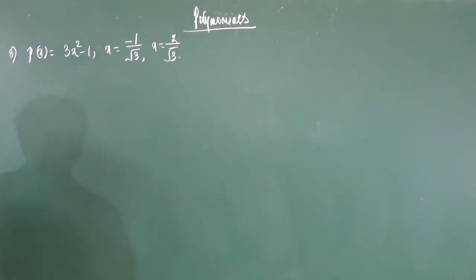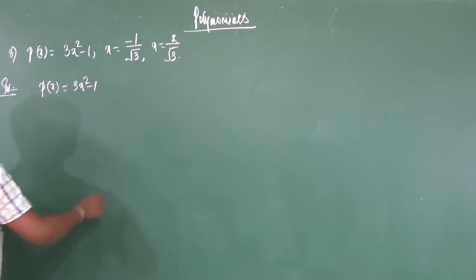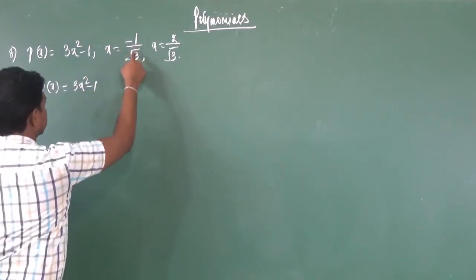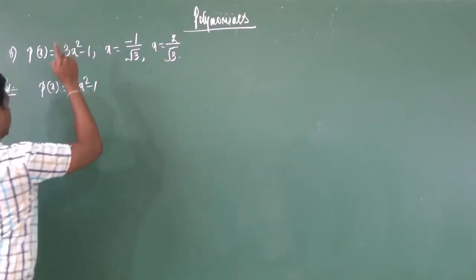So very important, please look into that. So p of x is 3x square minus 1. So you have to check whether minus 1 by root 3 is a 0 of this or 2 by root 3 is a 0 of this.